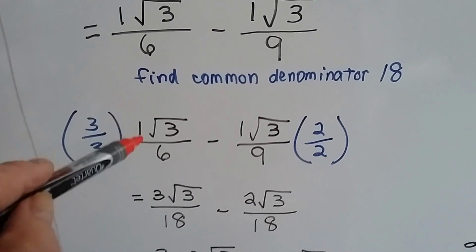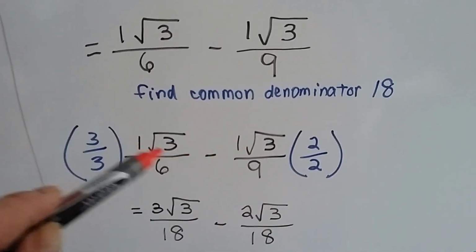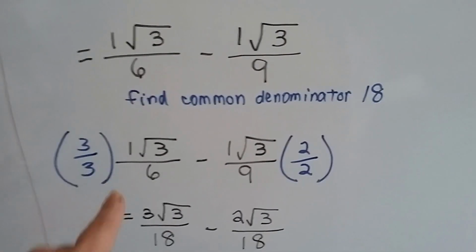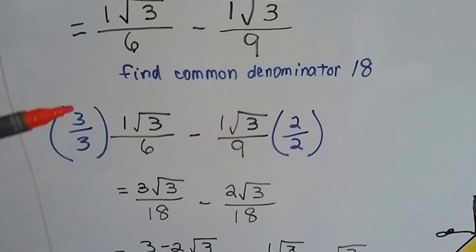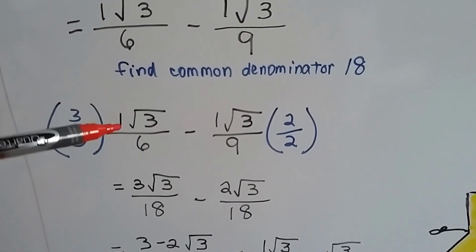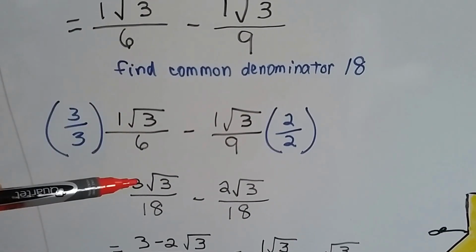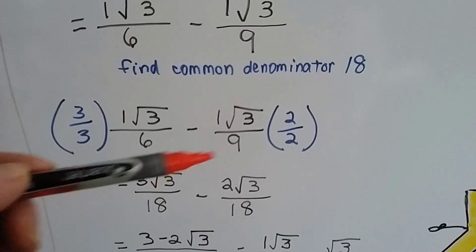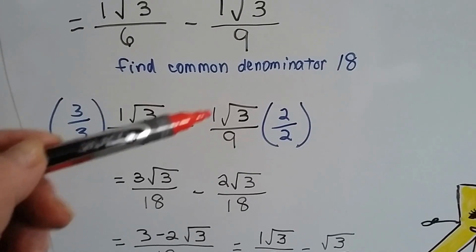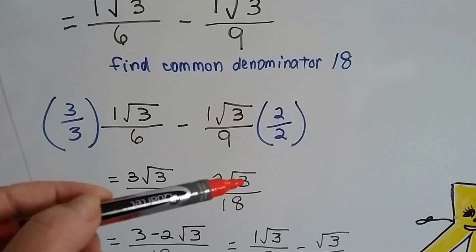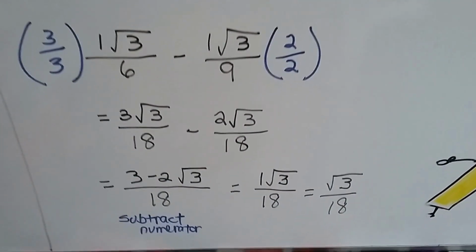And we remember there's an invisible 1 in front of here, isn't there? We don't have to write this 1 if we don't want to, but it helps when we're doing the math. So 3 times 1 is 3. So that's 3 square root of 3 over 18. And this side is 1 times 2 is 2 square root of 3 over 18.